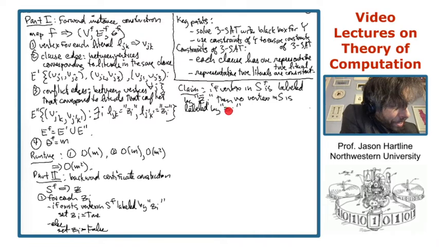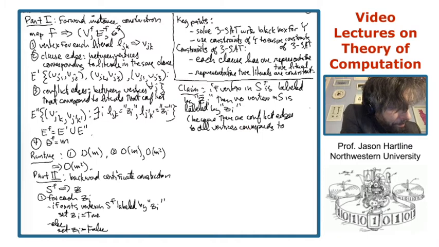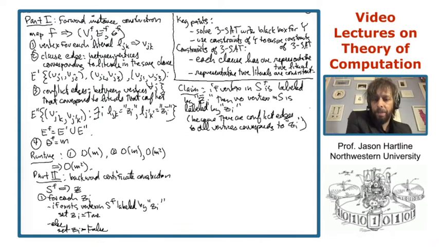Okay, so because of those edges, if we've selected this vertex into S, it means we can't have selected the vertices corresponding to any of the other literals into S. Okay, because they're conflict edges and because we have an independent set, we can't select both of them. Okay.